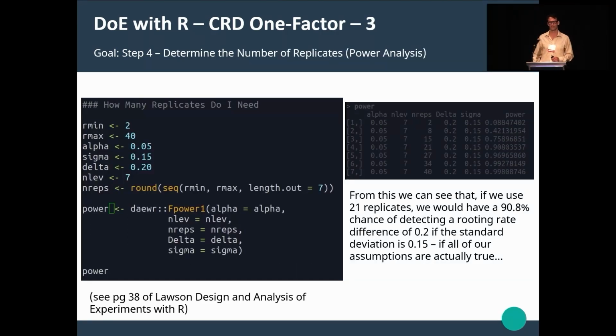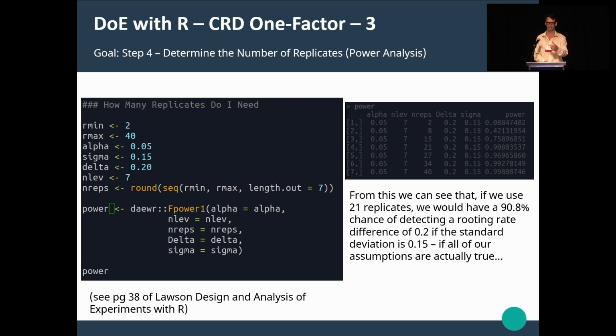There are a lot of really fantastic tools for power analysis. I'm using in particular this DAWR package for power analysis. This particular function has a lot of assumptions about normality and other statistical jargon, but it basically allows you to define what your confidence interval is, define what your variance is expected to be, where sigma is the standard deviation, and then tell it how large of a difference you want to detect, and how many levels.